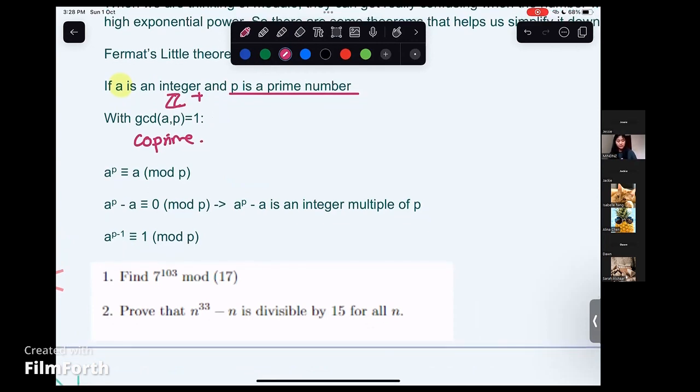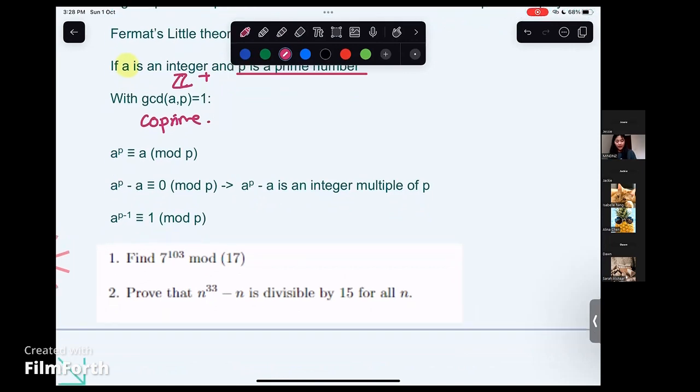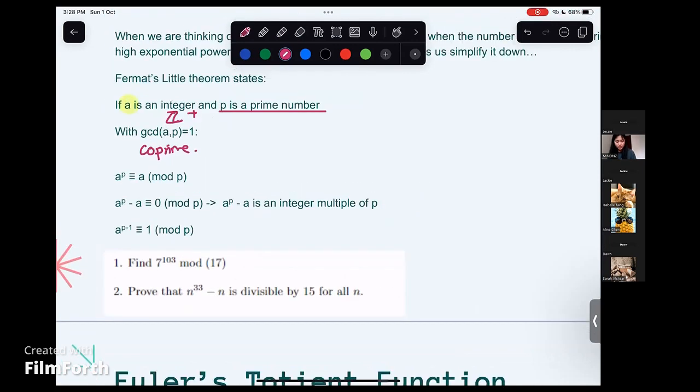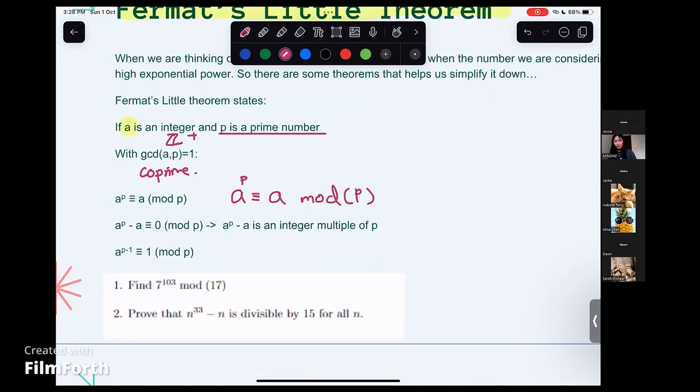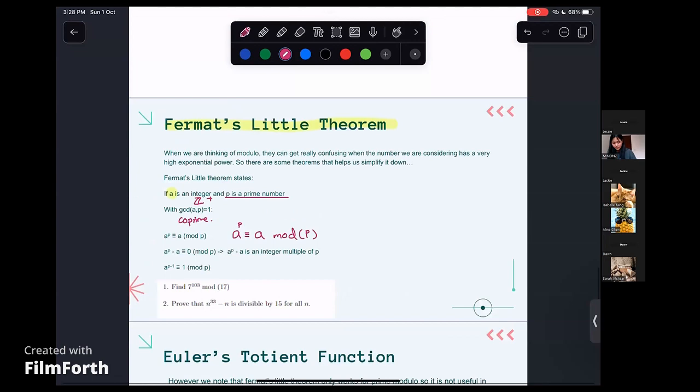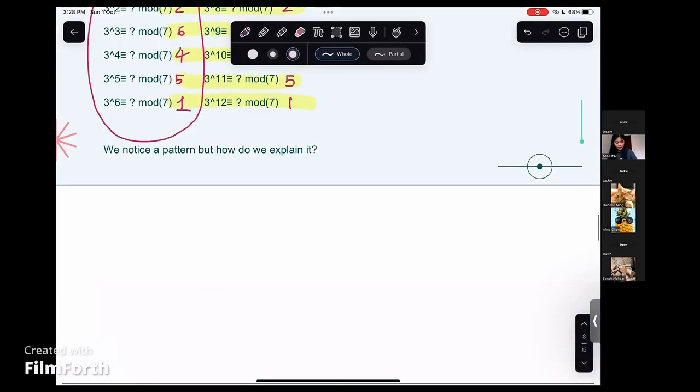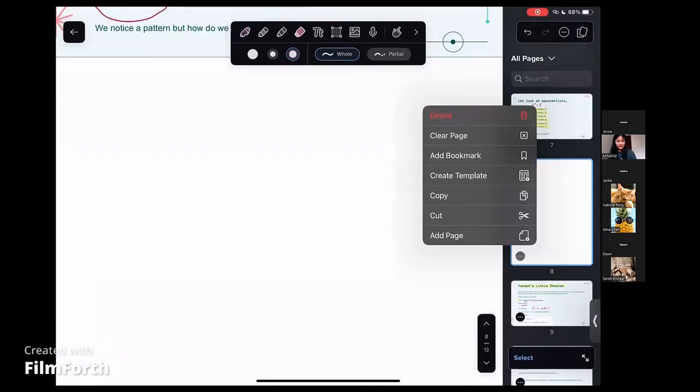So what Fermat's little theorem states is that a to the power of p is congruent to a mod p. So if we think about this a little bit in context, using the example we had before, it kind of explains this, right?